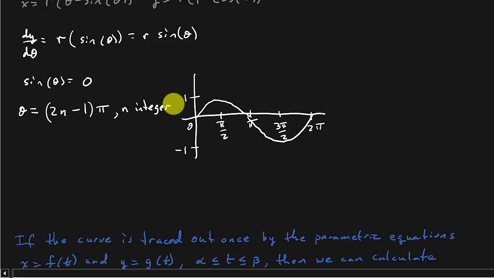So what is that doing? That's giving us 1 pi, 3 pi, 5 pi, and so on, the odd multiples of pi. It's not giving us 2 pi or 4 pi or 6 pi, but sine is 0 there, isn't it?